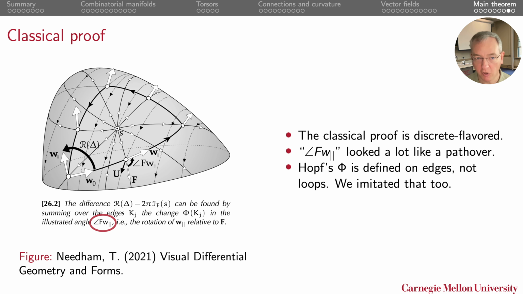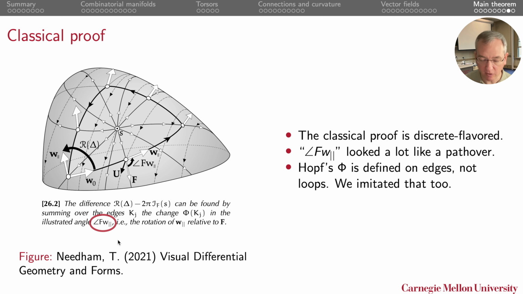But he has to triangulate the manifold and have the 0 fall inside of the face. And then there's this capital phi, which is the notation that Hopf used in the mid-20th century to make this argument, is the change in angle from the vector field and a parallel transported vector along the edge.